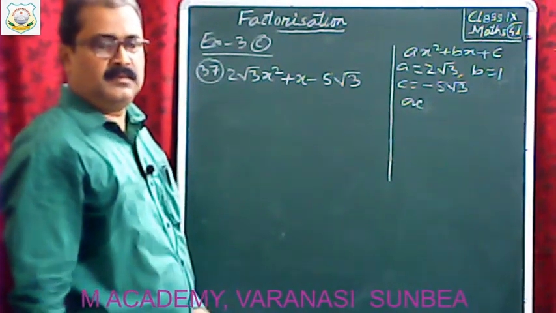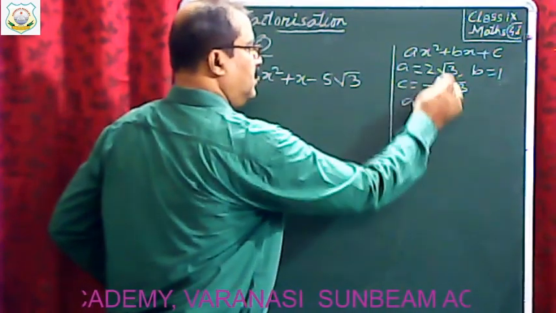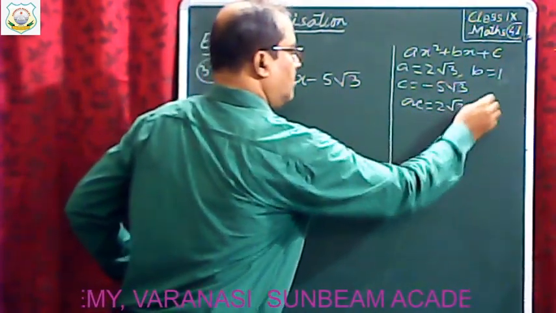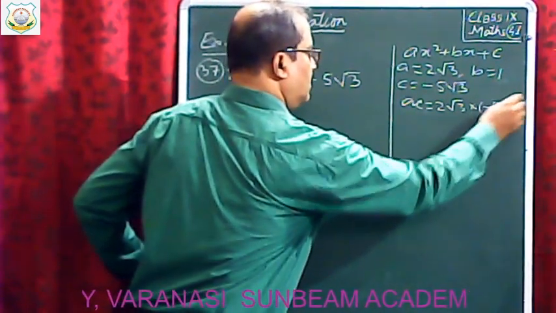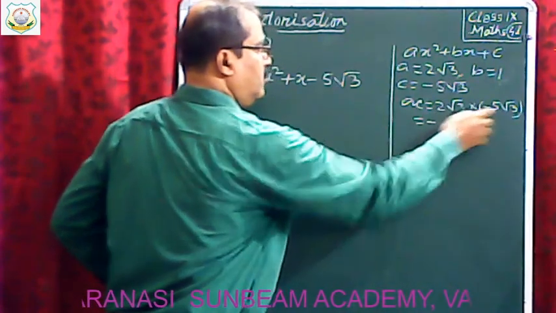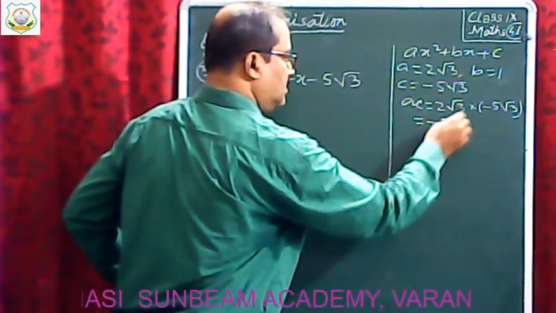What we have to do? We have to find the product of A and C. 2 root 3 into minus 5 root 3. So minus 2 into 5, 10, root 3 into root 3, 3, 10 into 3, 30.